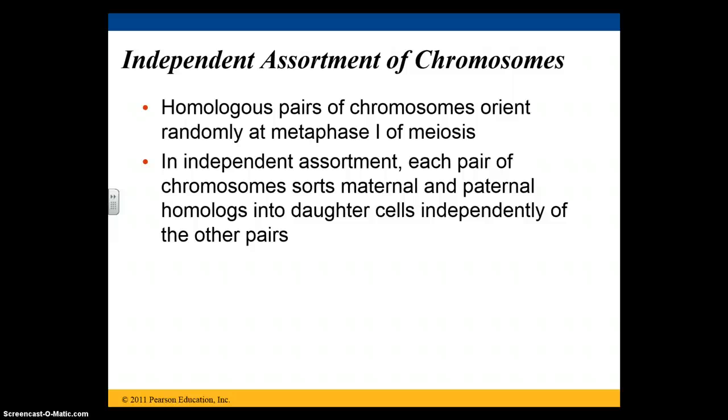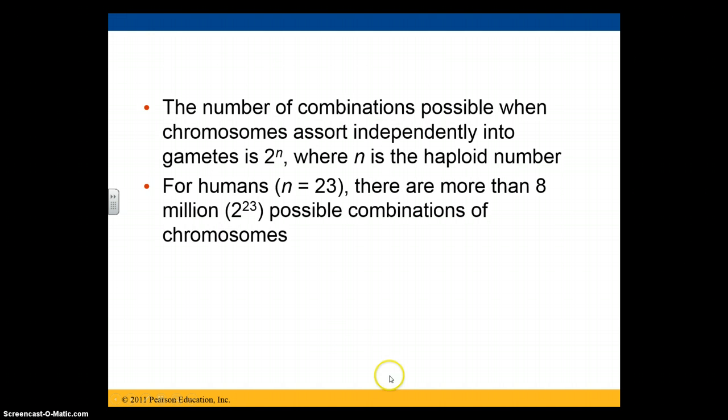They can line up with some maternal chromosomes on one side of the plate and some paternal chromosomes on one side of the plate. So depending on how those sort, each pair is going to sort independently of the others. Depending on which way they line up, that determines the variety of the genetics in the daughter cells.